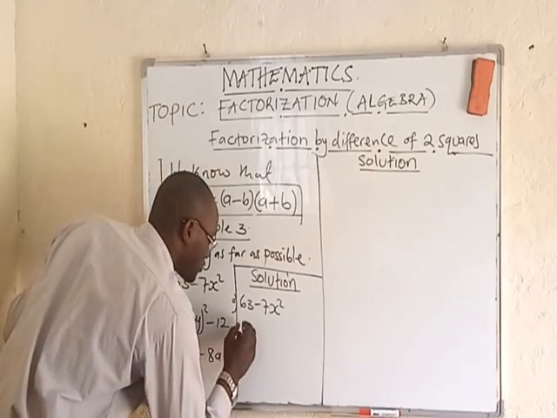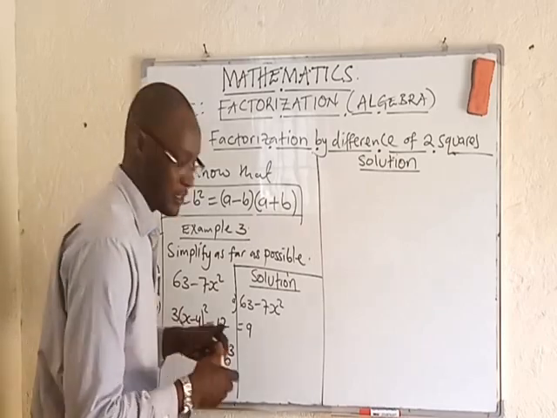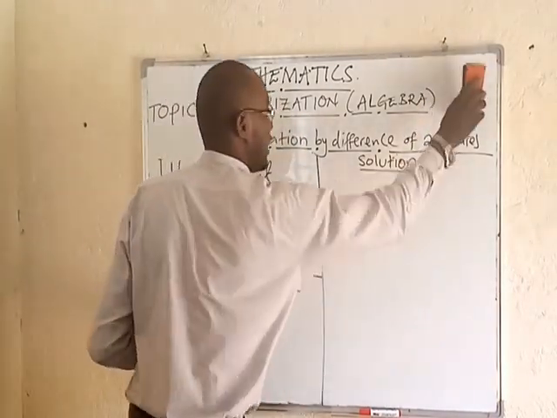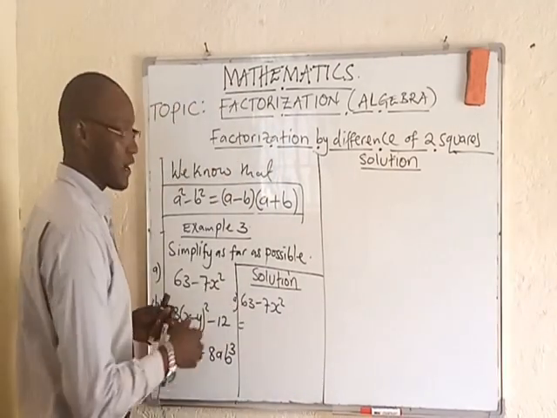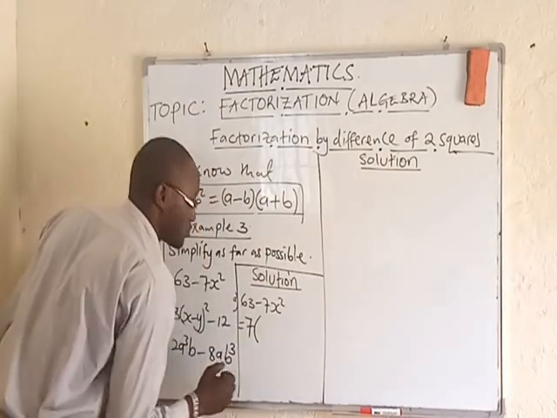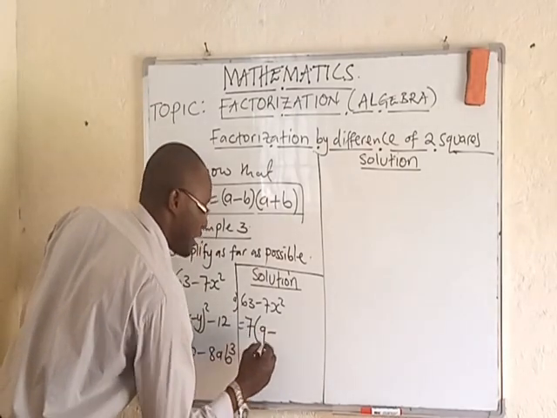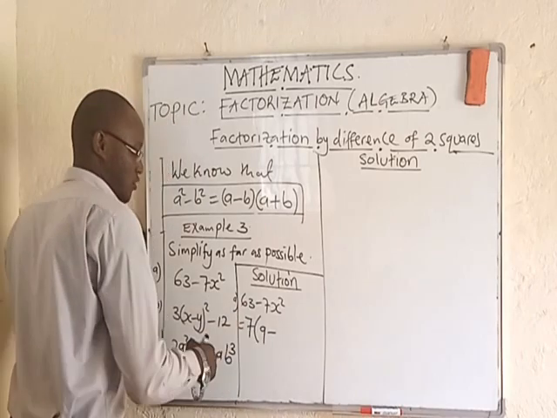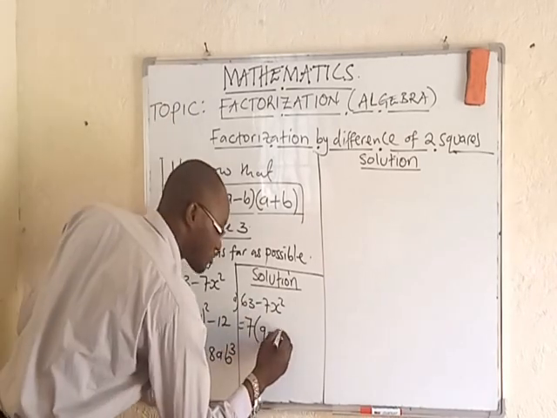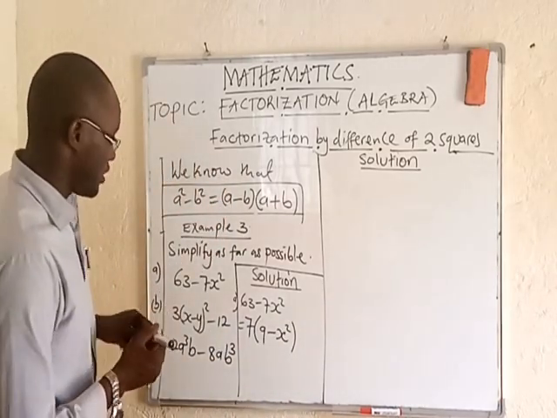So 7 becomes a factor. It can divide itself, and it is dividing 63. So 7 comes out. 63 divided by 7 gives 9, minus, 7 is already out because 7 divided by 7 is 1, so I'm remaining with x squared. Good. That is our start.